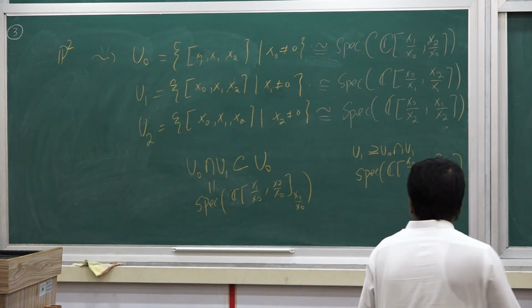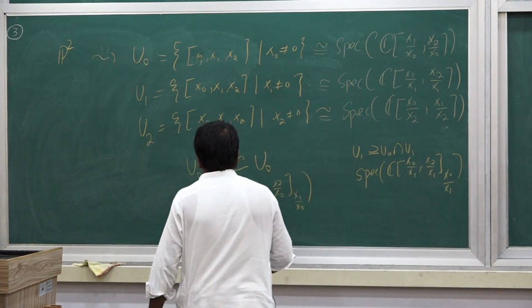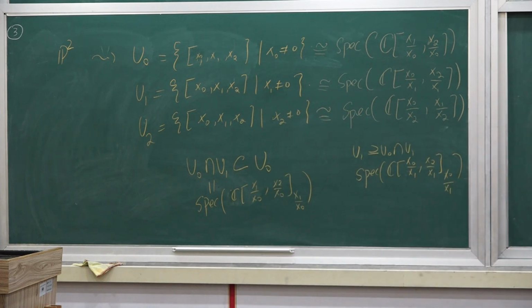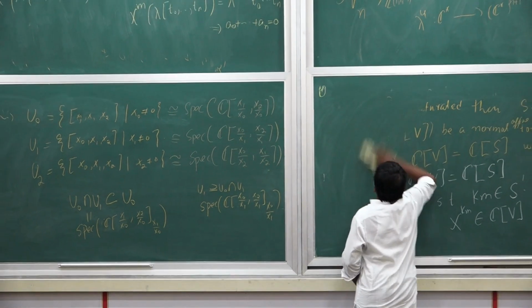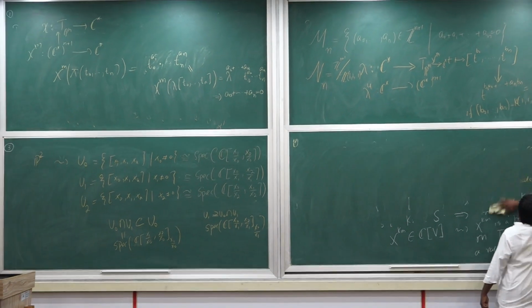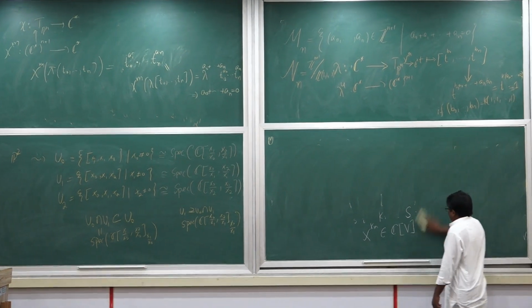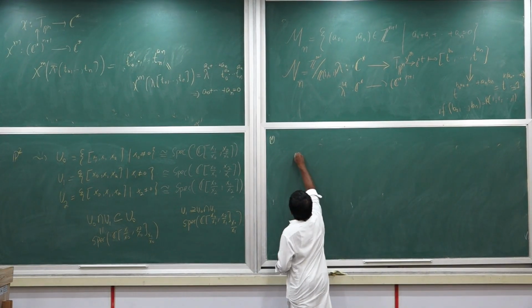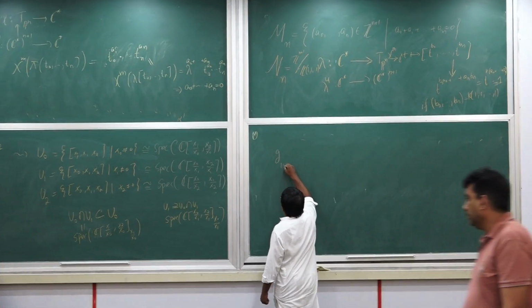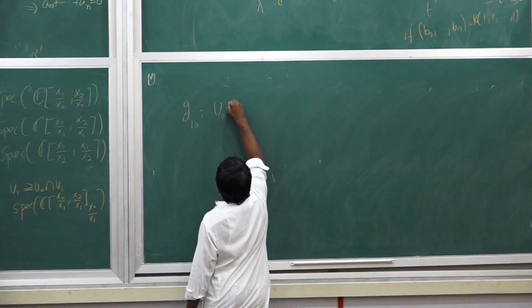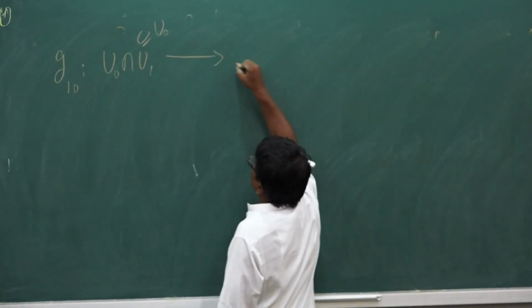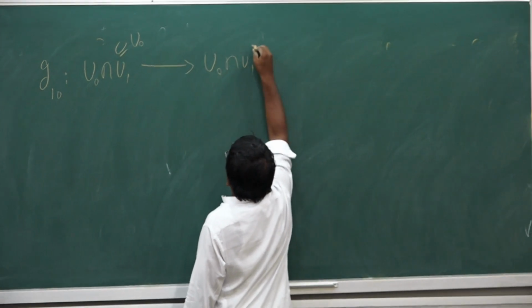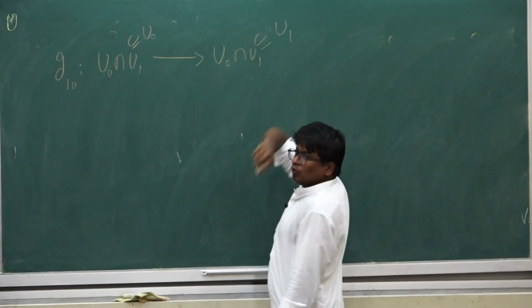So what you can do is construct a morphism, let us call it g 1 0, from U naught intersection U1, where I am realizing this one as a subset of U naught, to U naught intersection U1, where I am now realizing this one as a subset of U1.